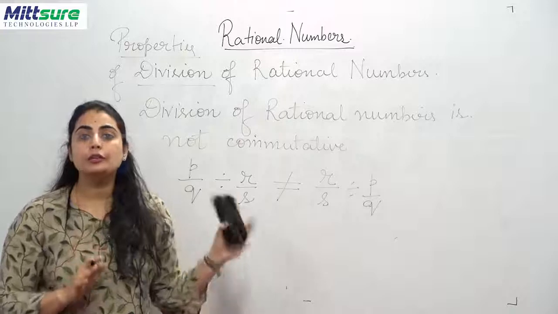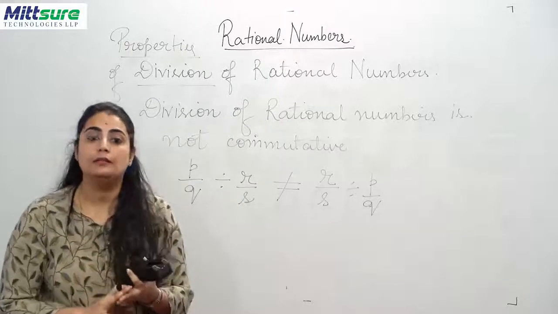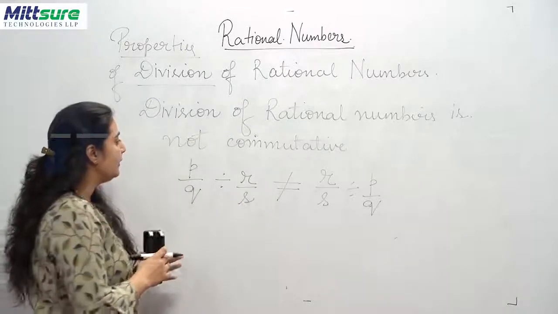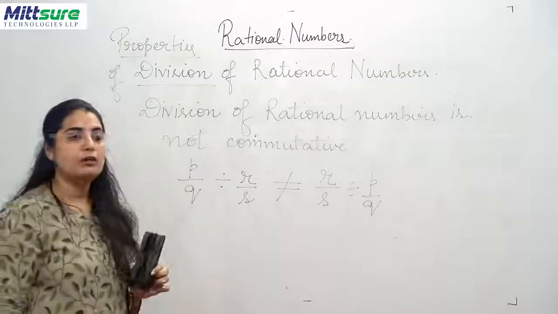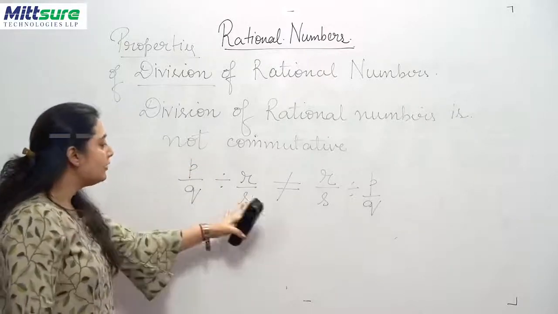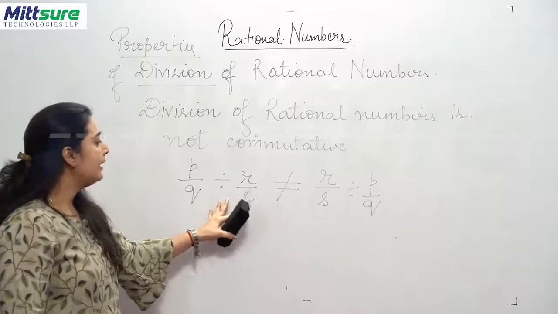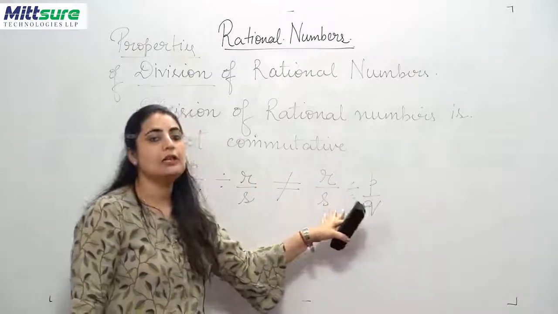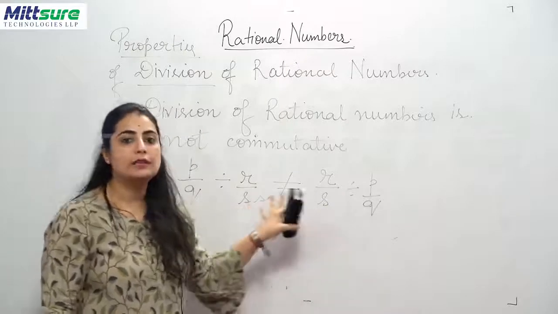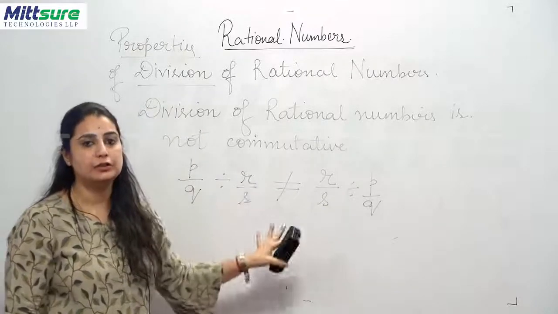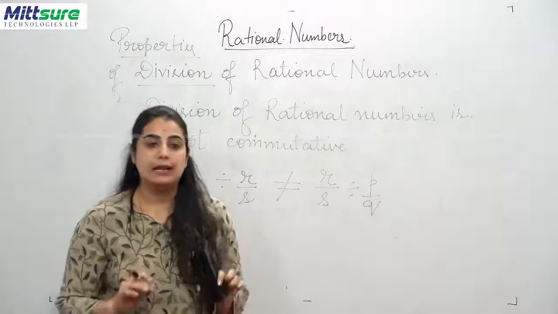The quotient of the two rational numbers will not remain the same. Clear? So this is the commutative law, which says that whenever two rational numbers are divided and if their order is changed, their quotient or the result which you will get in both the conditions will not be same.